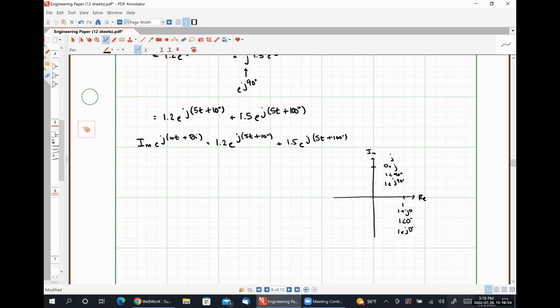Now I'm going to break my exponential functions up. So I'm going to have Im e to the j omega t e to the j theta I is equal to 1.2 e to the j 5t, sorry, and this, yeah, e to the j 10 degrees plus 1.5 e to the j 5t e to the j 100 degrees.